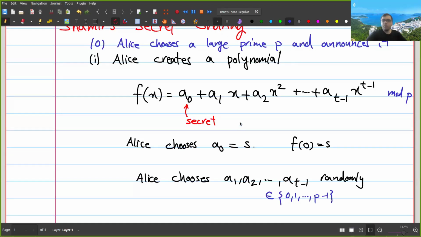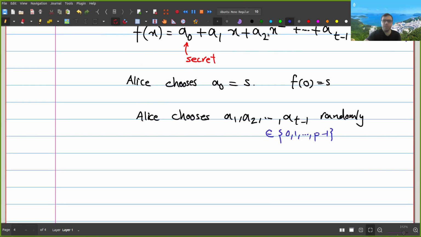So I have this polynomial of degree t minus 1. I have put my secret as the first coefficient, a0, and all of the other coefficients were chosen randomly. Now I want to give shares to my friends. So Alice gives every friend 1 point of this polynomial.